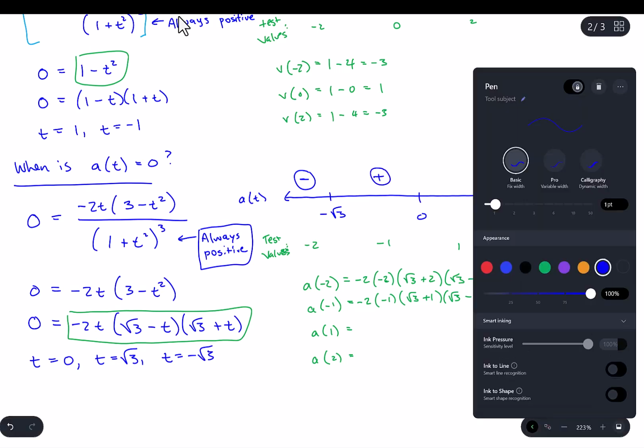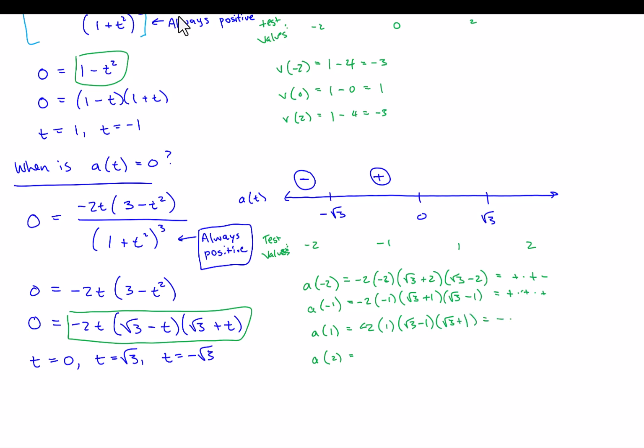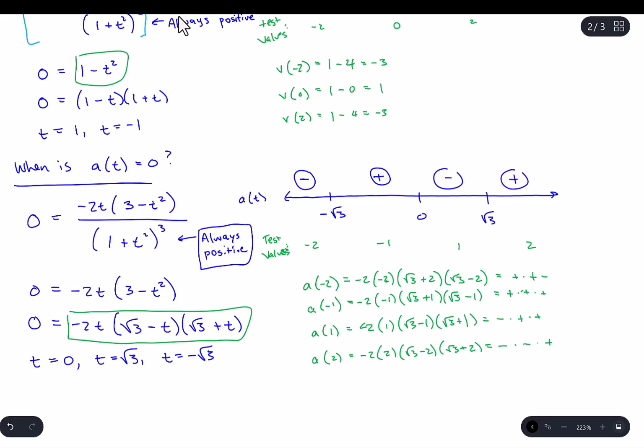Then at 1, it's -2 times 1 times root 3 minus 1 times root 3 plus 1. So that's going to be a negative times root 3 minus 1 is a positive. Root 3 plus 1 is a positive. So then everything on this interval is negative. And then lastly, -2 times 2 root 3 minus 2 root 3 plus 2. So that's negative times positive. So everything on this interval is positive.